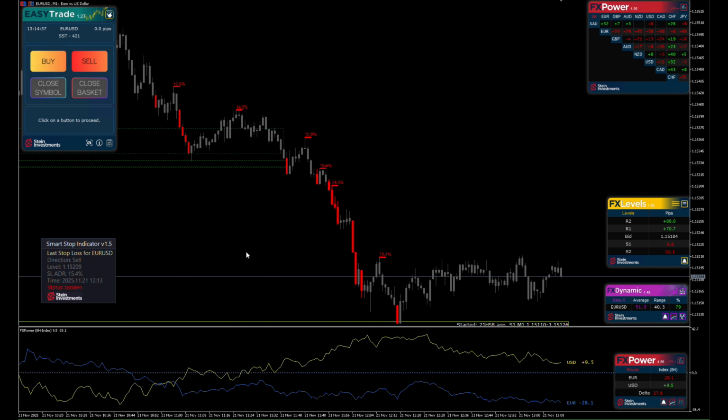So this is no rocket science, but it took a lot of time to develop this algorithm and provide you the information you now see on your chart.